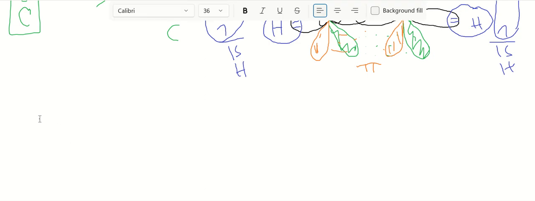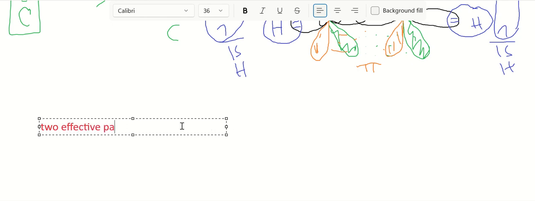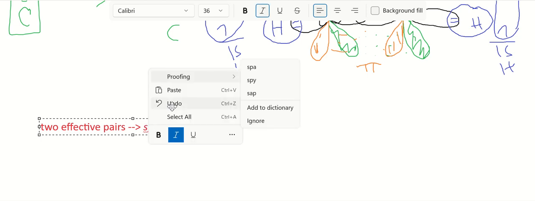The key takeaway: when you have 2 effective pairs around the central atom, you're going to need sp hybridization. All right, so I hope that helped.